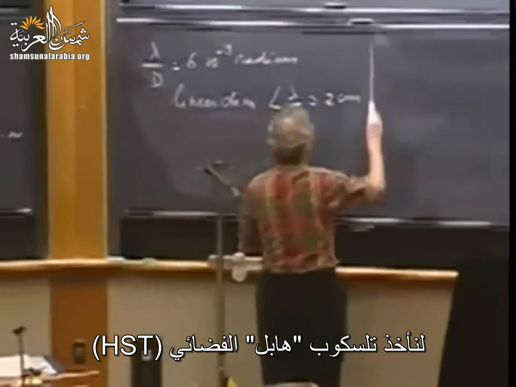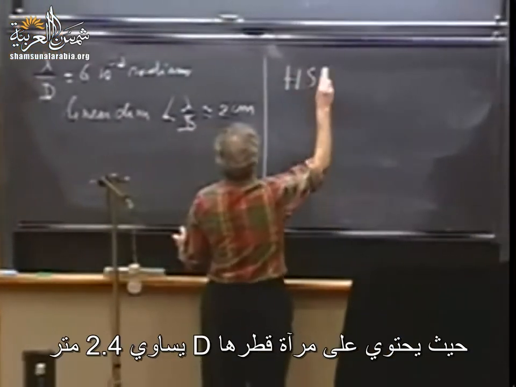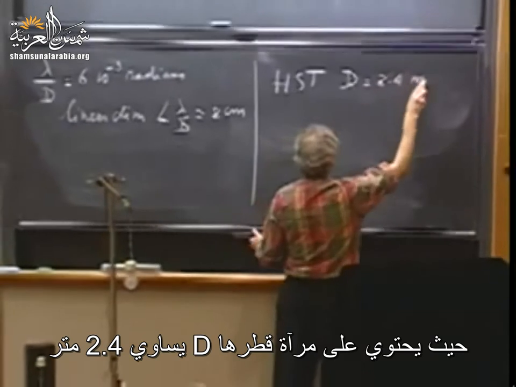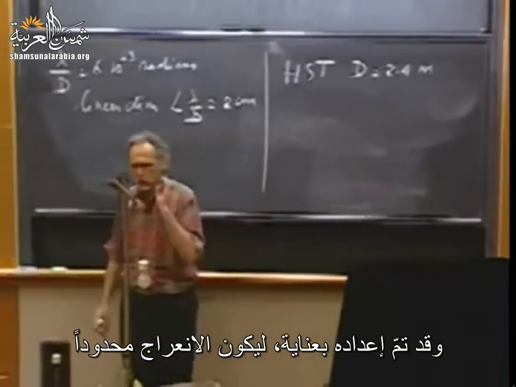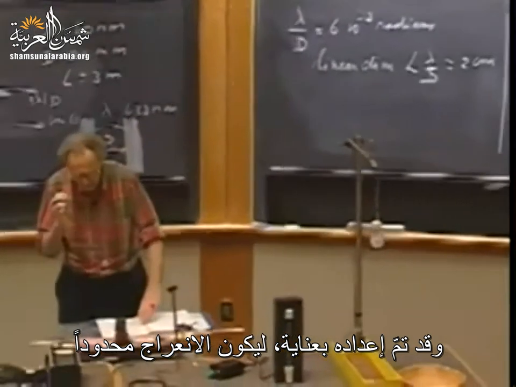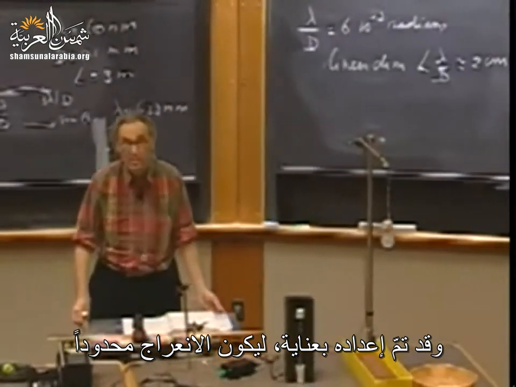The Hubble Space Telescope, HST, has a mirror with a diameter D of 2.4 meters. And it is prepared so carefully that the claim is made that it is really diffraction limited.